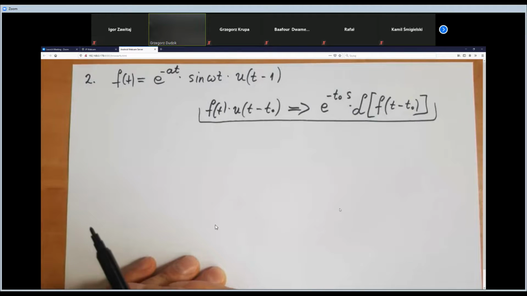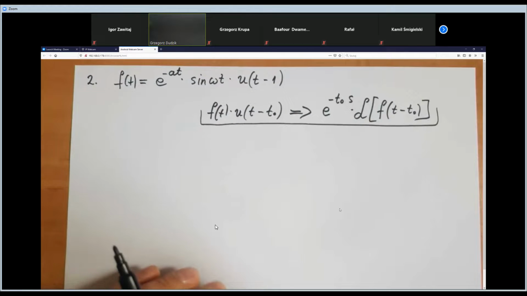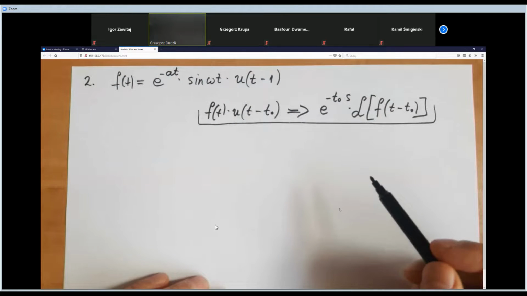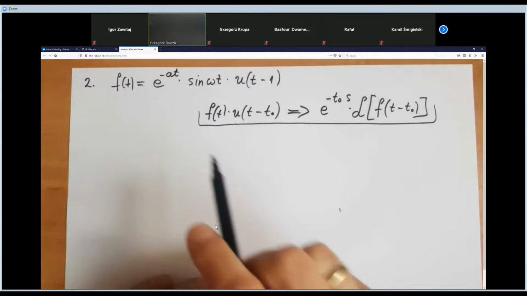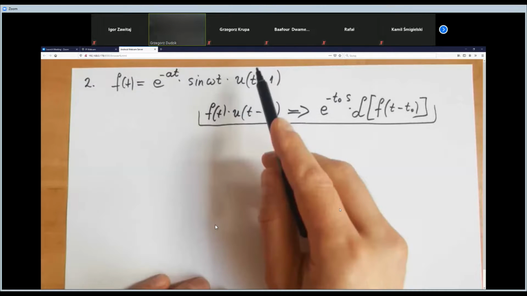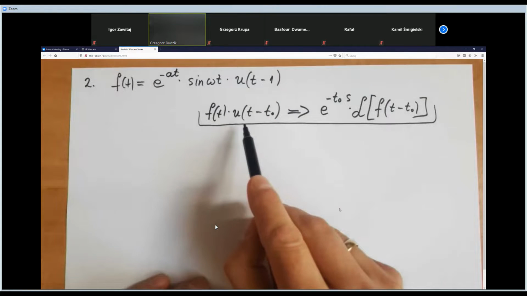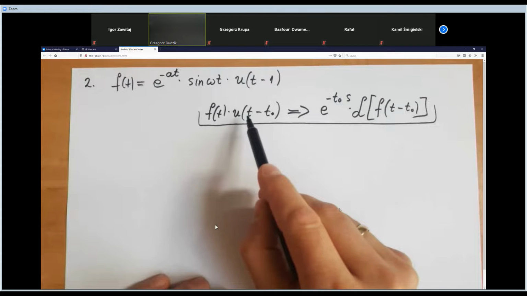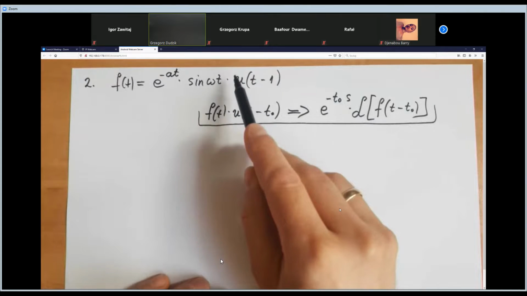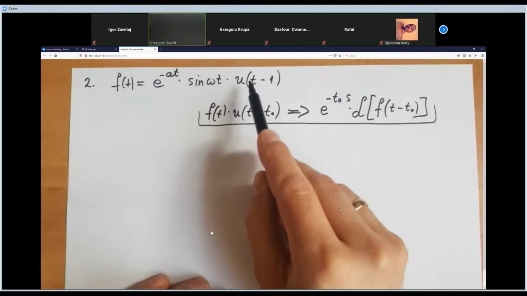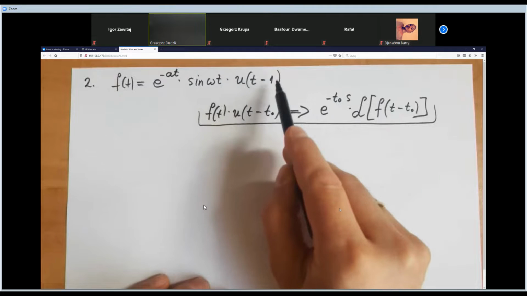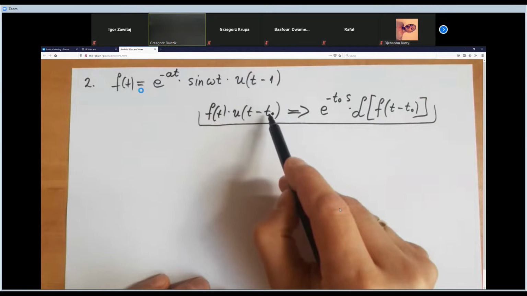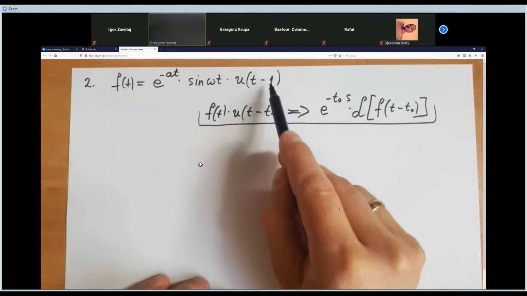Okay, so let's take a look at our function. Here we've got this part of the unity function u(t minus t0). In our case, it is u(t minus 1). As you see, t0 is 1 in our case.